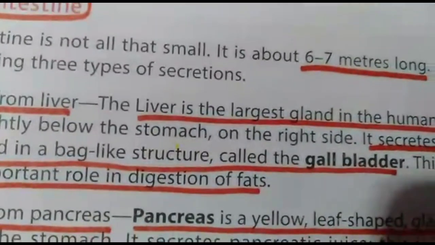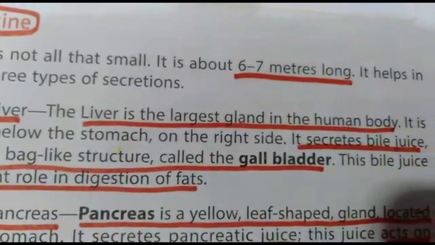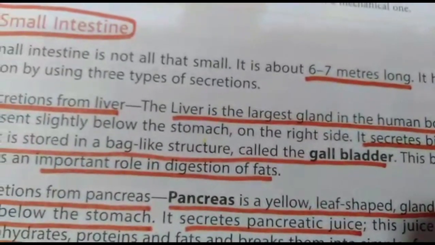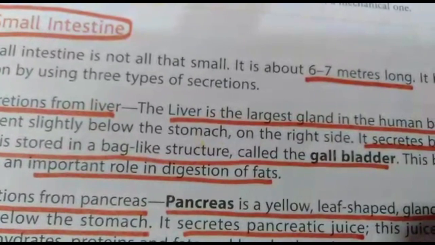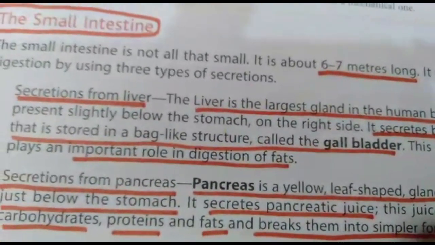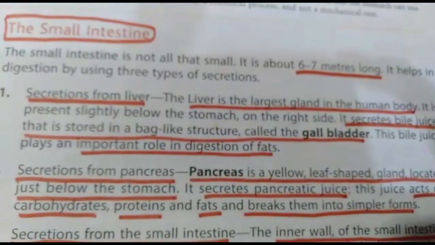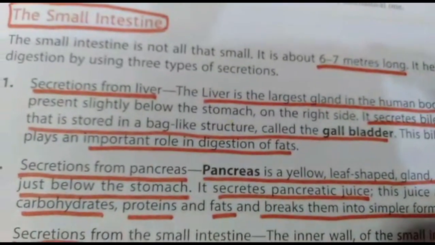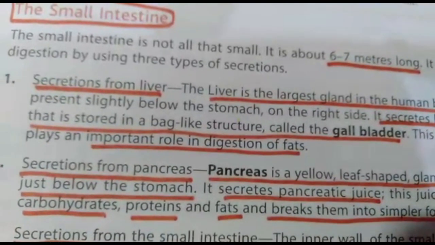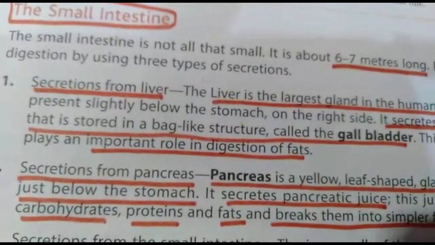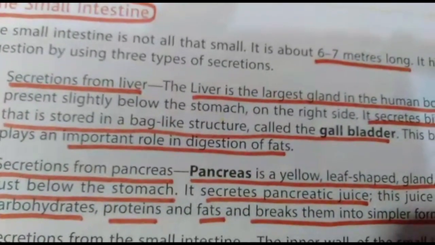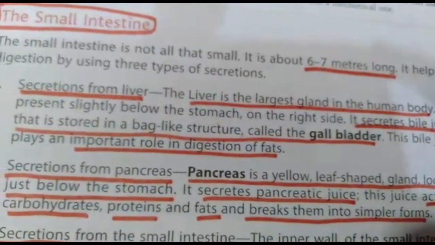Now the second secretion is from the pancreas. The pancreas is a yellow leaf-like gland located below the stomach. It secretes pancreatic juice. This juice is used to dissolve or break down the food, especially the carbohydrates, proteins and fats, into simpler forms.